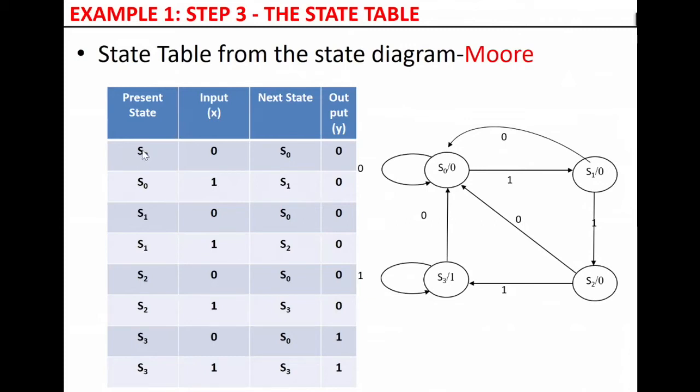If you are in S0 and the input is 0, you remain in S0, the output is 0. So that row is what we have described. So you derive your state table. Any question or we move on? They have the same information, it's just a different configuration.